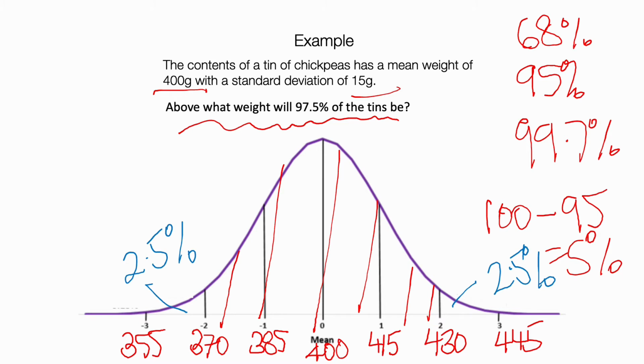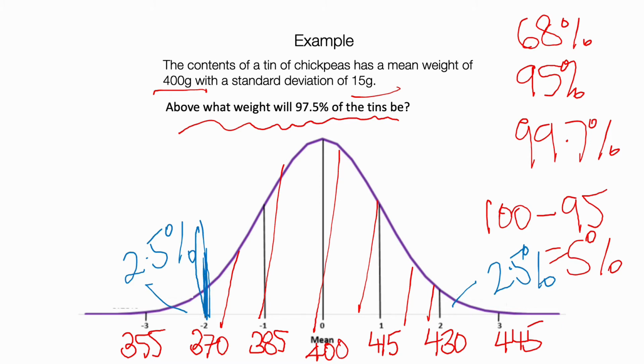So if we want to see above what weight 97.5% of the tins will be, we know that 100 take away 97.5 gives us 2.5. So if we look at this point here, which I haven't drawn very straight, if we add everything up above there, that will be 97.5. We could think of it as 95 plus 2.5, or as 100 take away the 2.5.